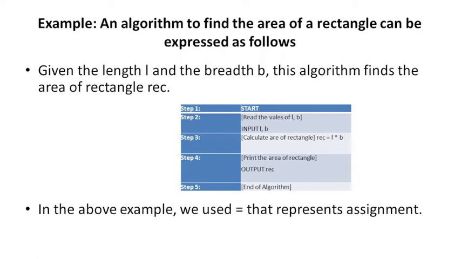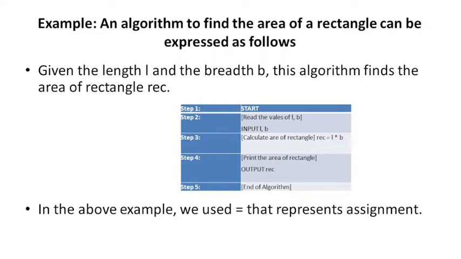Example: an algorithm to find the area of a rectangle can be expressed as follows. Given the length L and the breadth B, this algorithm finds the area of the rectangle REC. So what is the algorithm? Step 1 is start. Step 2 is input the values, that is read the values L, B. L means length, B means breadth.